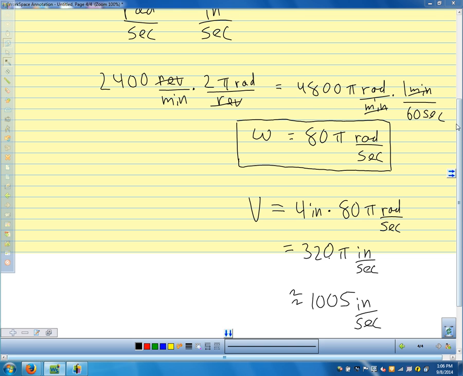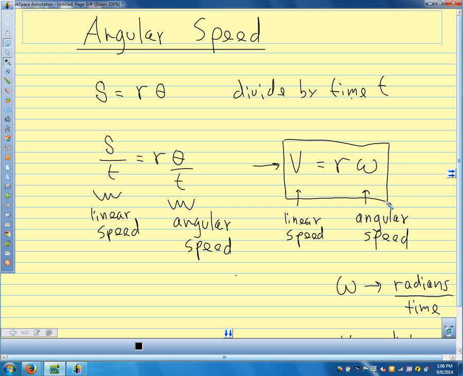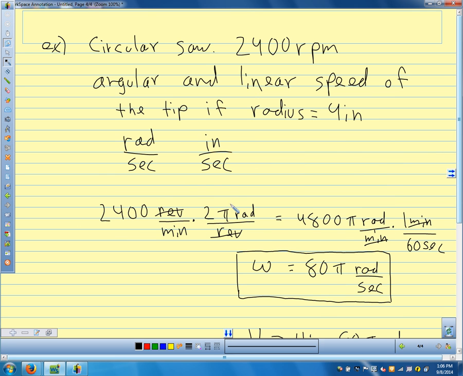And the question might ask you to find how quickly the wheels are turning in revolutions per minute. So we would use our formula to get our angular speed, and then use this conversion, 2 pi radians in 1 revolution, to convert that. How many feet in a mile? 5280.